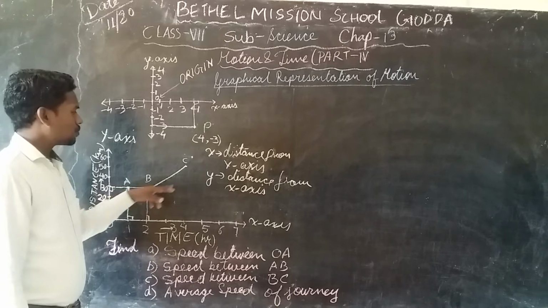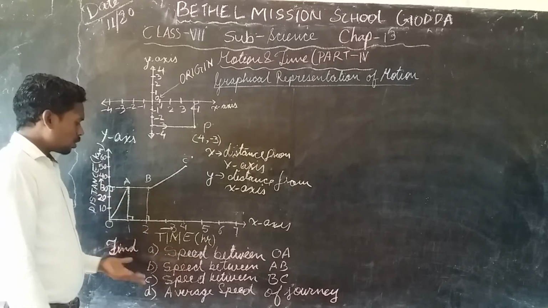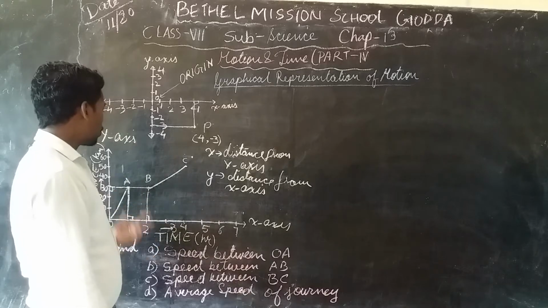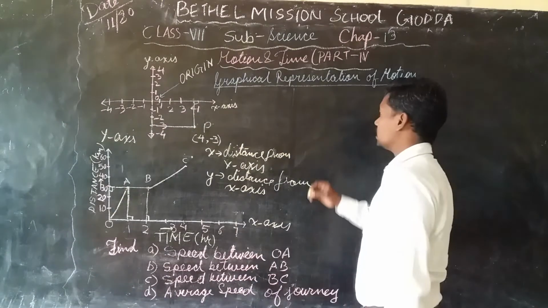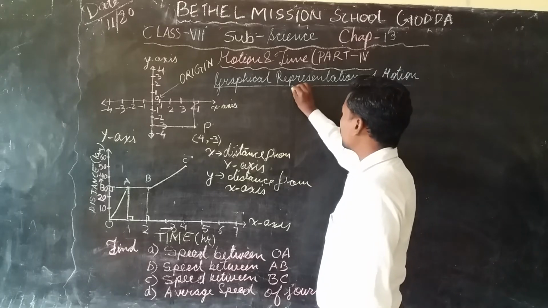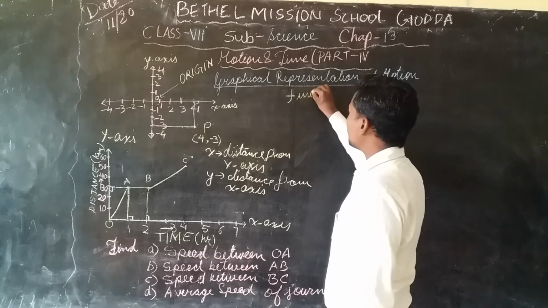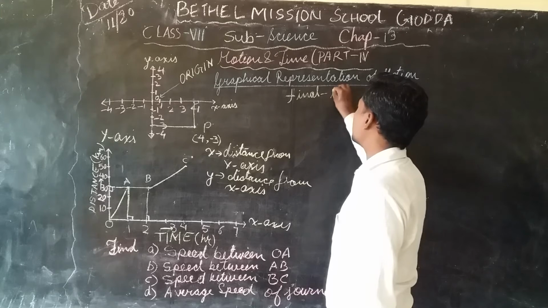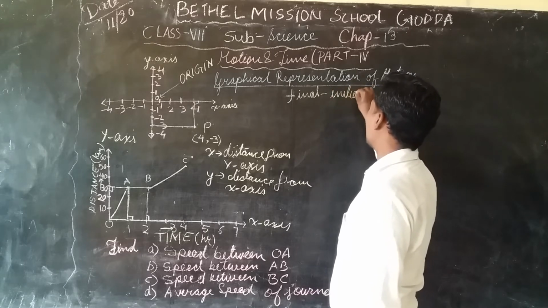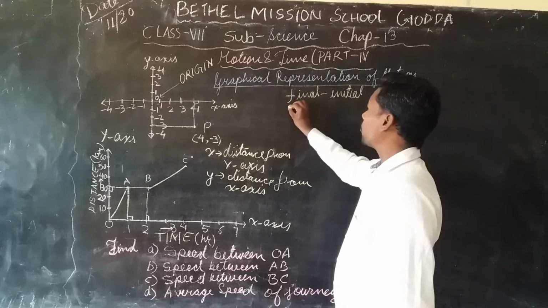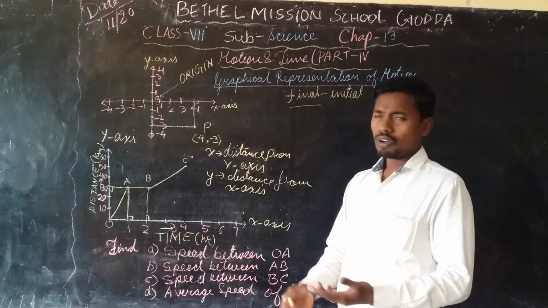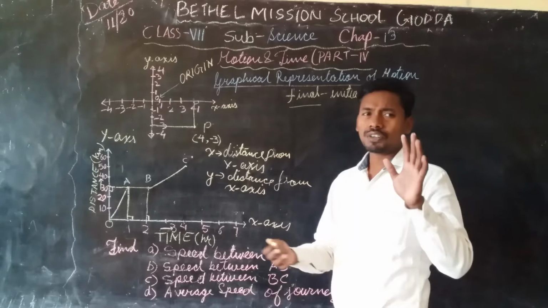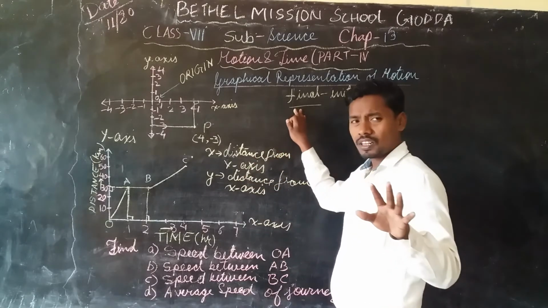And again from B to C. If we need to exactly understand how to calculate, we need to remember one more thing, which is very important in physics: final minus initial. Final means after the process or after the movement, whatever result we have, that result is your final.